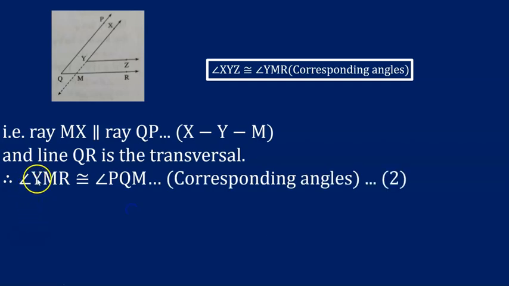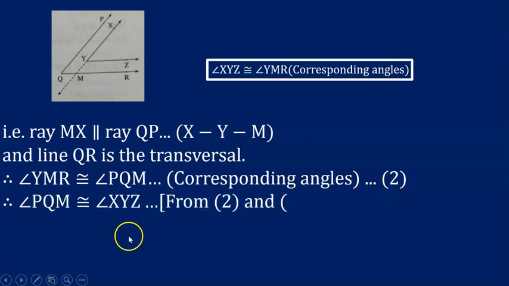Therefore, angle YMR is congruent to angle PQM, as these are the corresponding angles. This is the second one. And therefore, the angle PQM is congruent to angle XYZ.